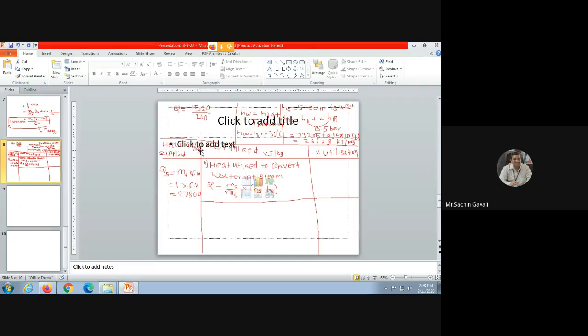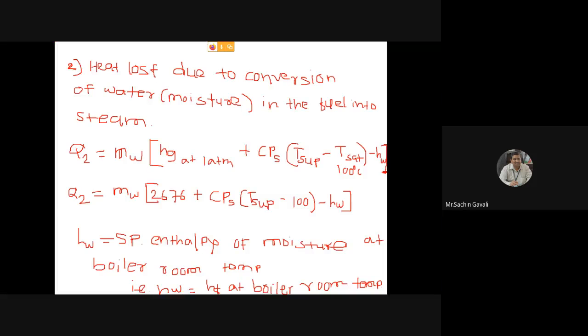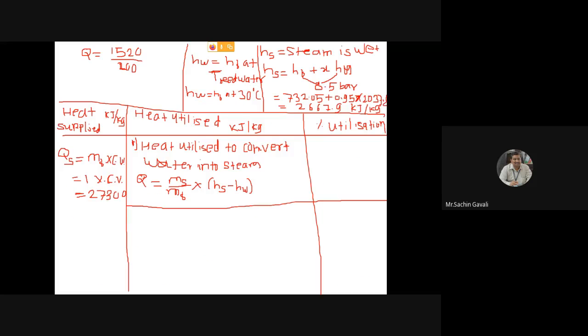So HF is equal to 125.7 kilojoule per kg. Everybody got this?